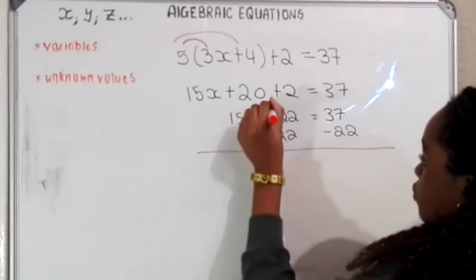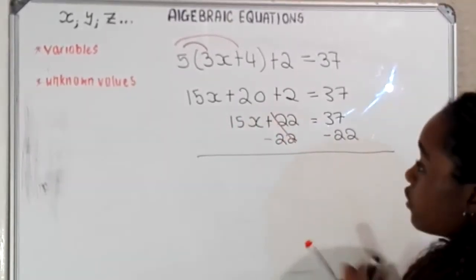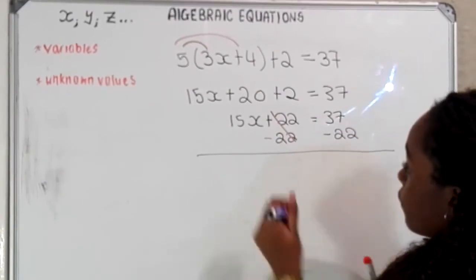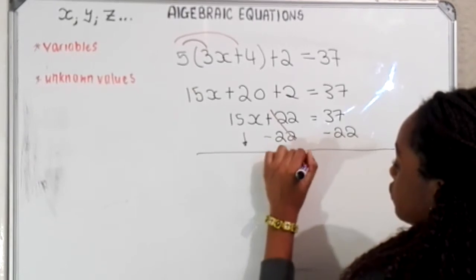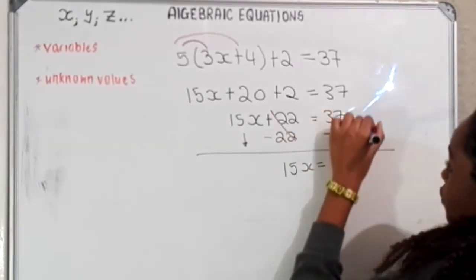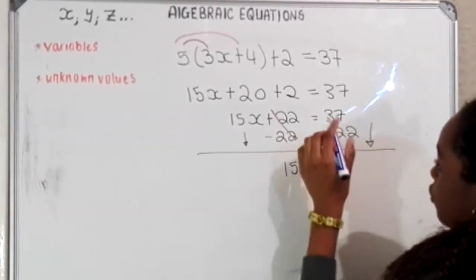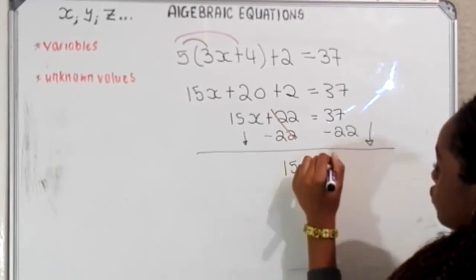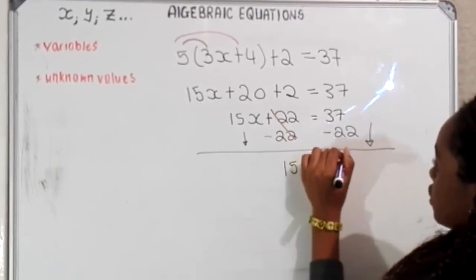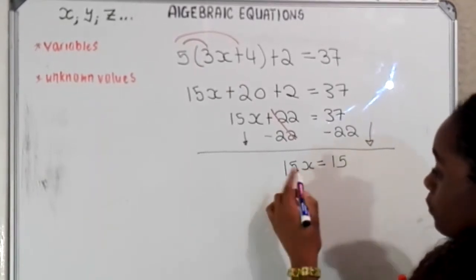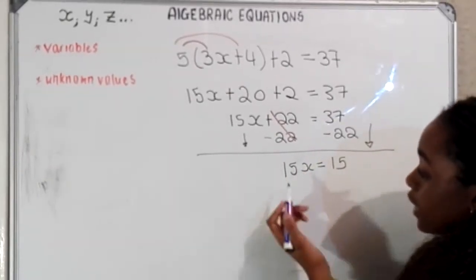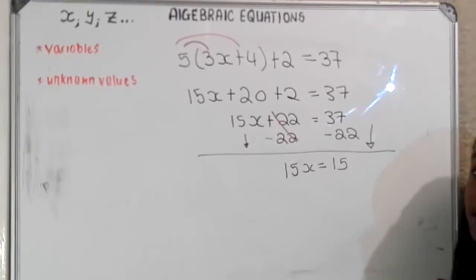22 minus 22 will cancel. They will cancel each other out. So you're left with 15x over here and is equal to, we can bring this down, so we'll have 37 minus 22, which is going to give us an answer of 15, all right? Now, because 15 is being multiplied by x, the inverse of multiplication is division.